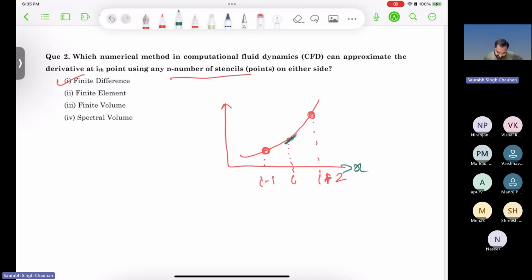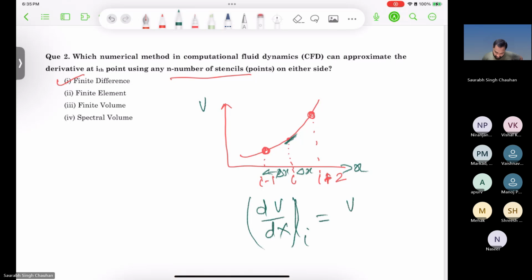Let us say the spacing is delta x each, and the variable is v. Then dv by dx at point i is equal to v at i plus 1 minus v at i minus 1, divided by 2 delta x, right?